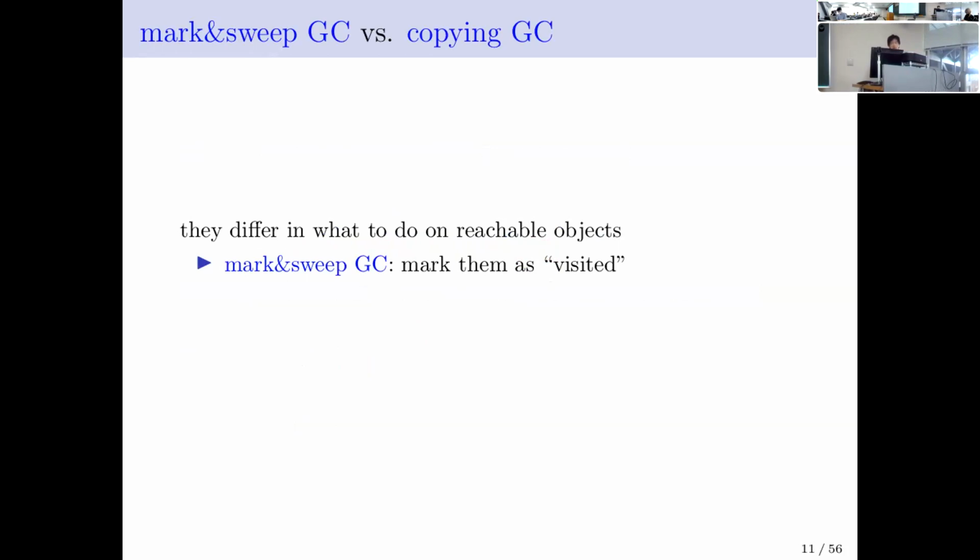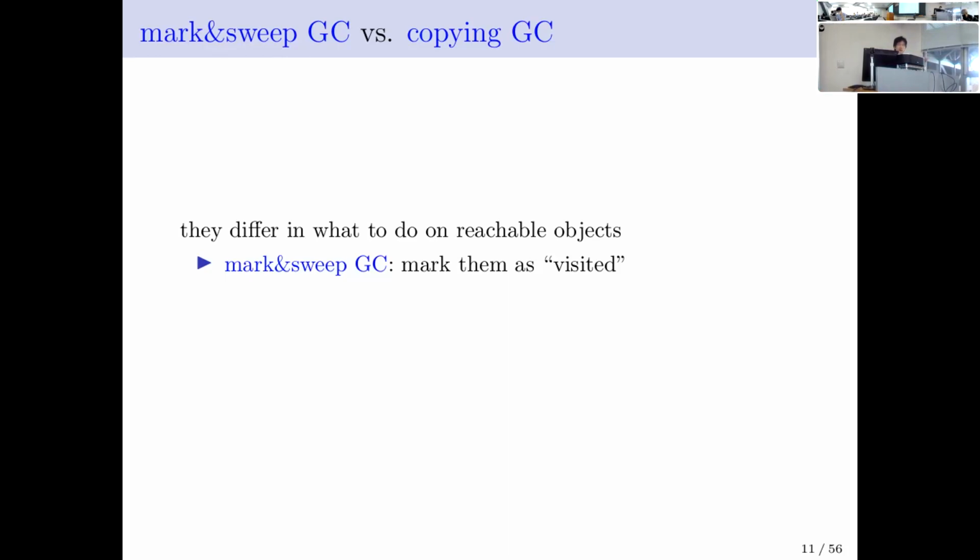Both are finding all the nodes of the graph reachable from a particular node, which is the root in the garbage collection terminology. So they are both doing graph traversal.